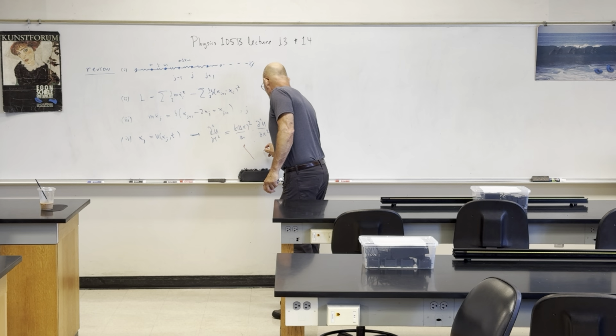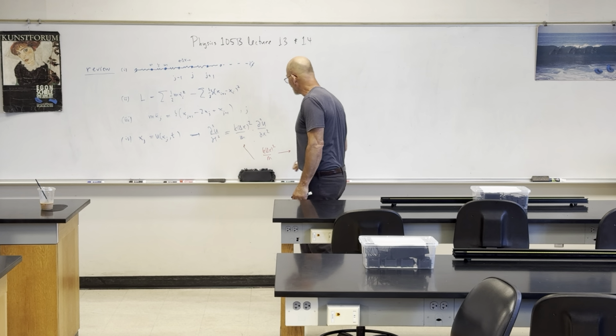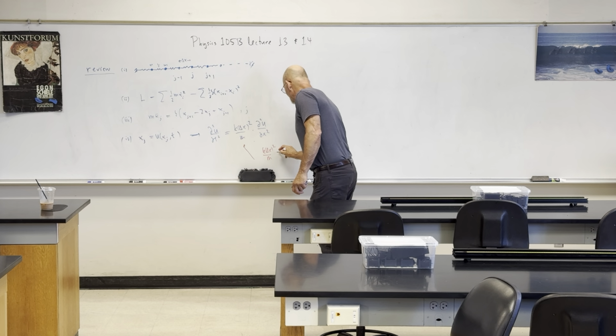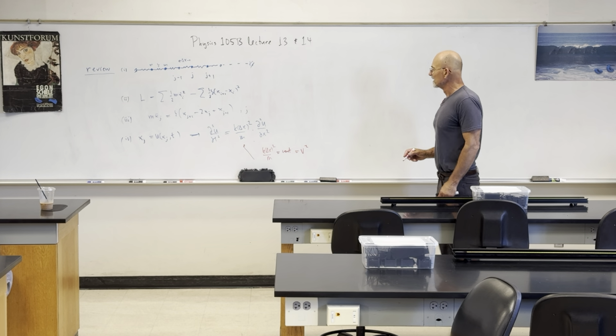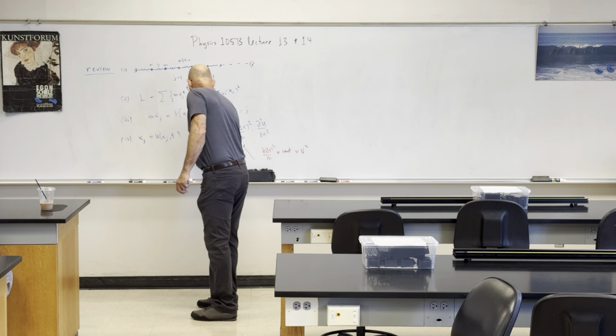So we had k delta x squared over m. It actually equals a constant, v squared, if we do it right. So I'm just going to write here limiting process.